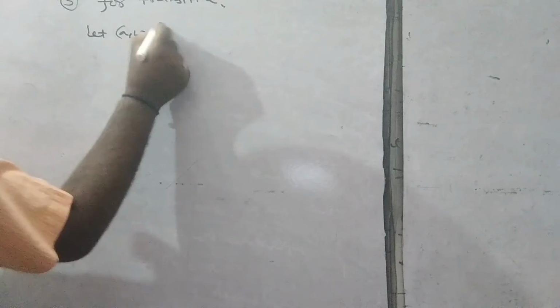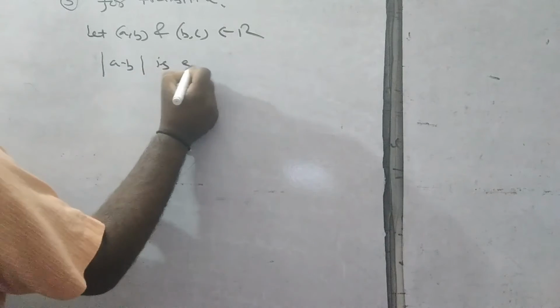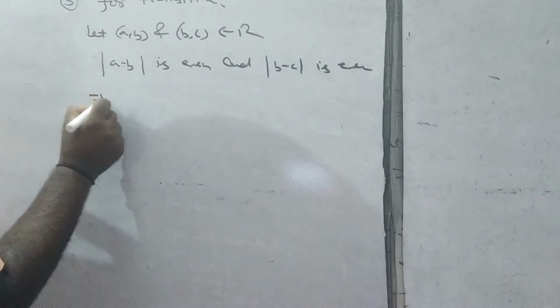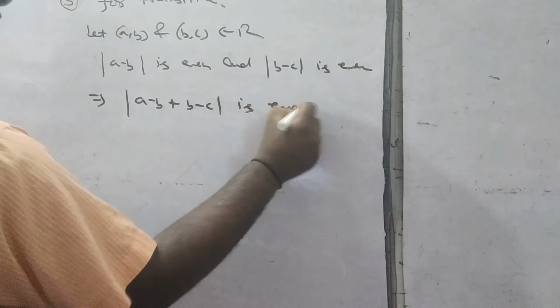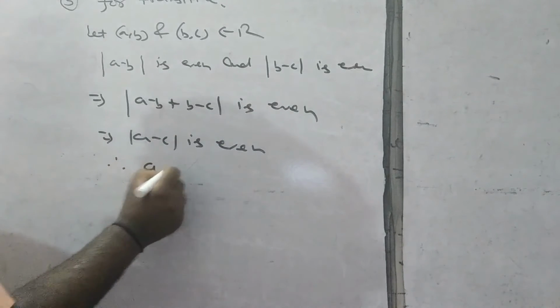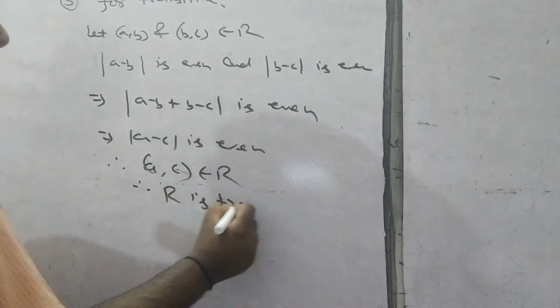What about transitive? So third, for transitive, let AB and BC belong to R. So mod A minus B is even and mod B minus C is even. This implies mod A minus B plus B minus C is even, or A minus C is even, therefore AC belongs to R, therefore R is transitive.